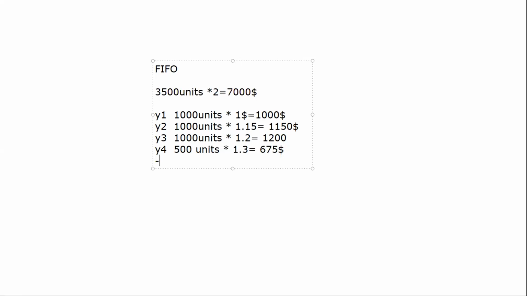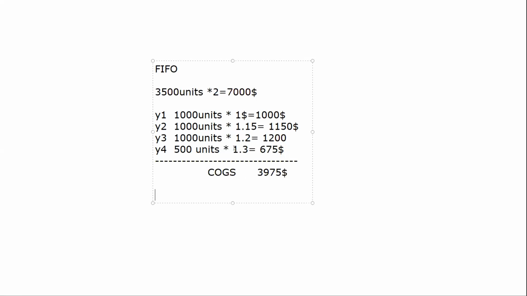So the total cost of goods sold according to FIFO, first in, first out, will be equal to $3,975.